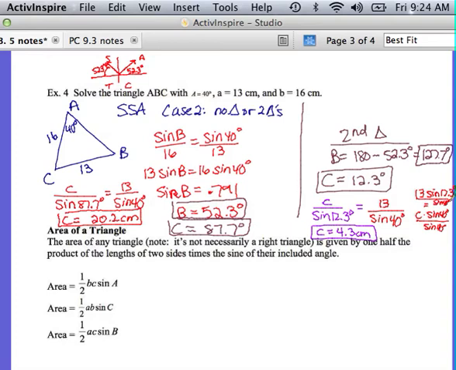Okay? All right, area of a triangle. The area of any triangle, note, it's not necessarily a right triangle, is given by 1/2 the product of the lengths of two sides times the sine of their included angle. This is actually side, angle, side. So let me draw a triangle here for you.